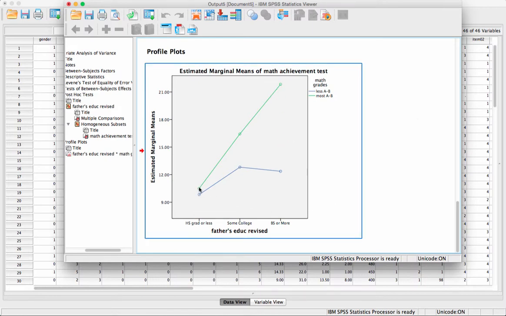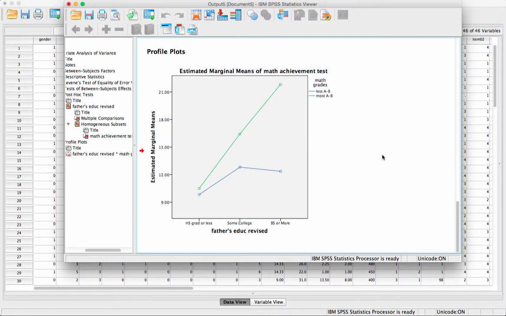So this math achievement mean and this math achievement mean at high school, for students whose fathers had a high school diploma or less, they don't seem all that much different. We see more difference between students who earn less than an AB or mostly ABs in math in terms of math achievement, and we see the largest gap here.